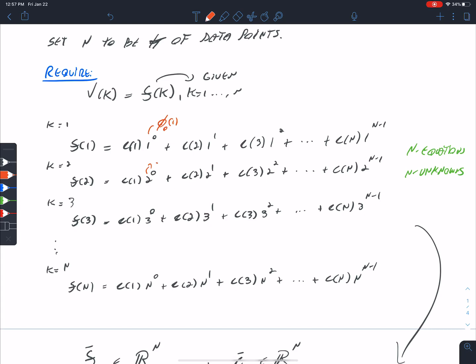This is going to be phi 0 of 2, and so on. Phi 0 of 3, and so on. On this row, you have phi 1 of 1, phi 1 of 2.